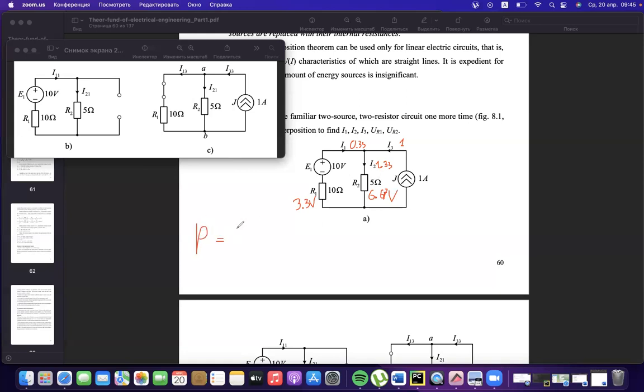About consumers, power of resistors, it should be I1 square on R1 plus I2 square on R2.